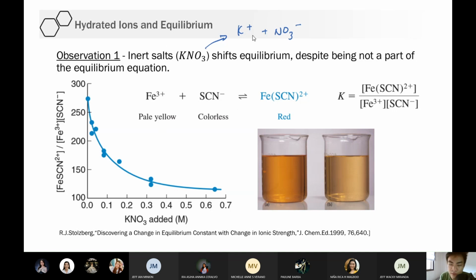But in our case, we do not have any ions related to our equilibrium system, but it still shifted the equilibrium. So that's one thing that puzzled scientists before. This graph was actually published by Stulsberg in his paper in the Journal of Chemical Education in 1999.